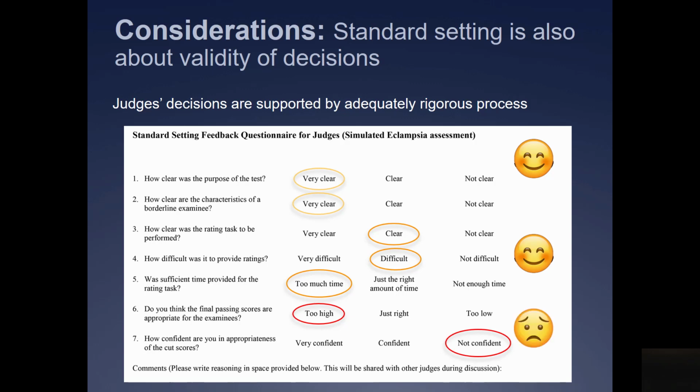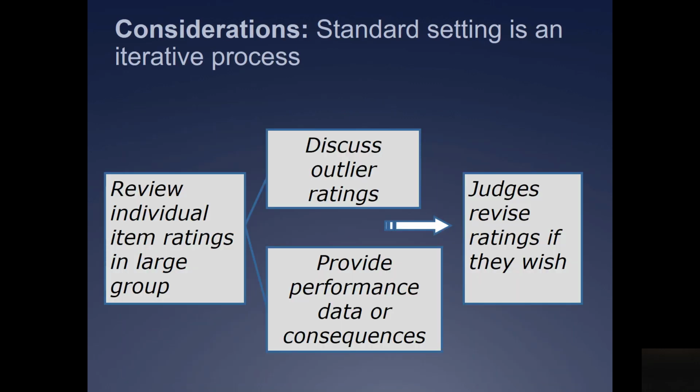So moving on, the importance of this, and it seems pretty clear, I think, through this process, is that the standard setting process is iterative. We will start by doing individual item ratings in the large groups, and then you discuss the outliers, and when possible, you provide the performance data and the consequences associated with passing and failing, and then there's a revision if they want.